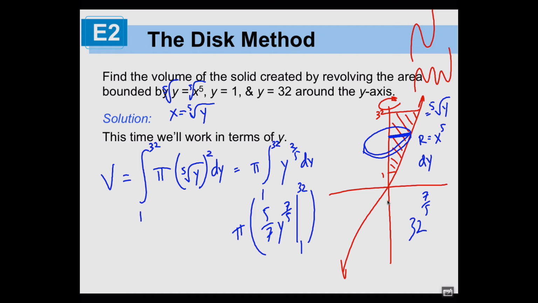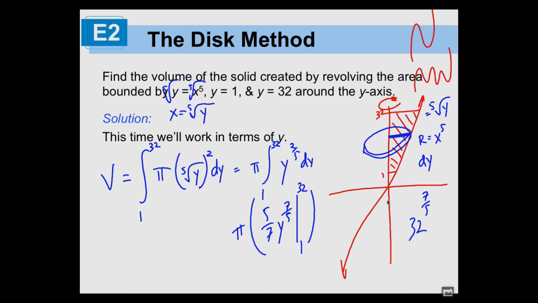Doesn't matter. Which one should I do first? 5. What's the fifth root of 32? 2. What's 2 to the 7th? 128. Okay, so that is doable without a calculator. That's the point I wanted to make. We'll stop there. Put 1 in there, we're fine.